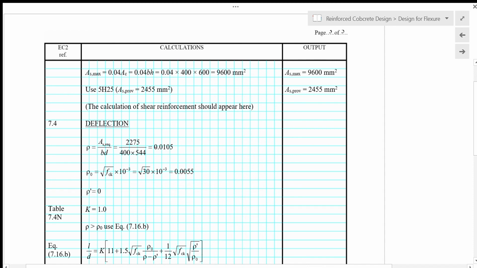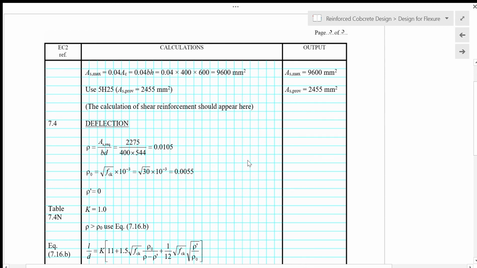So this is equal to 0.0105. And then rho 0 is the square root of fck times 10 to the power of minus 3. So the square root of characteristic strength of 30 multiplied by 10 to the power of minus 3, we get 0.0055.